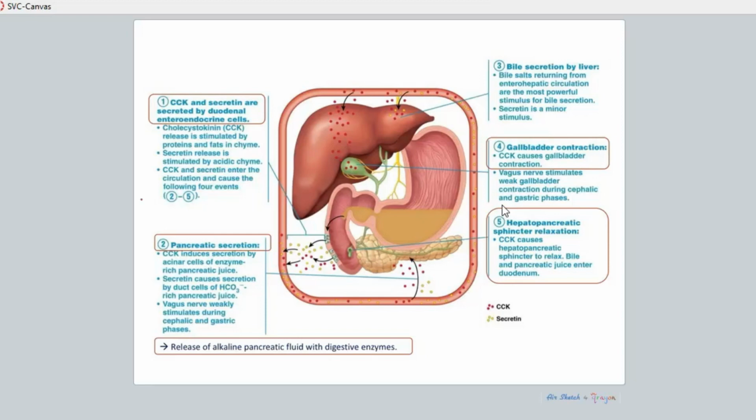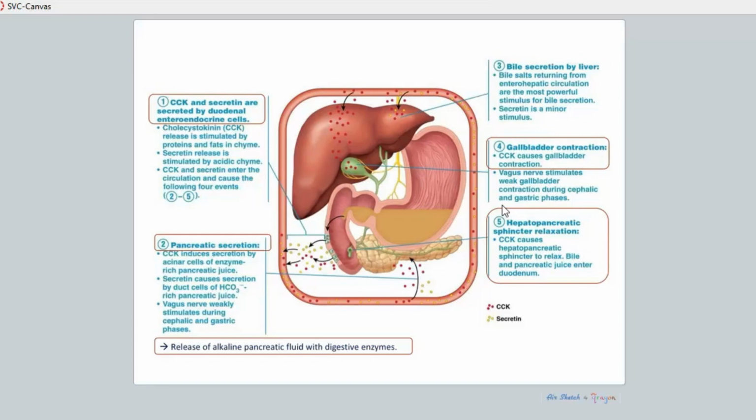We talked about the hormones in the stomach that regulate the release of gastric juice. Well, there are a couple of hormones released by the simple columnar epithelium lining the small intestine that are also involved in this digestive process. These hormones are called CCK and secretin. What causes their release?